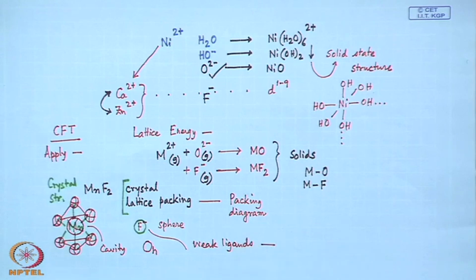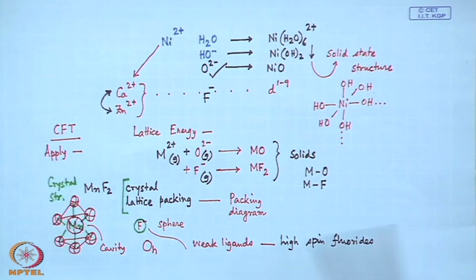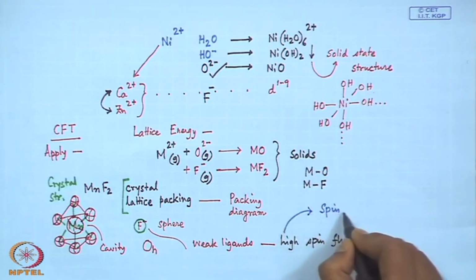So, we are now very well accustomed with the idea that when we have fluoride ligands, which are weak ligands, we will be having high spin fluorides, because we do not expect any kind of spin pairing.